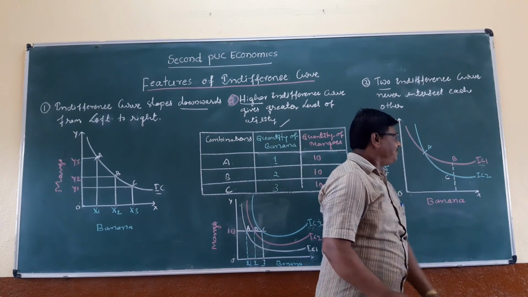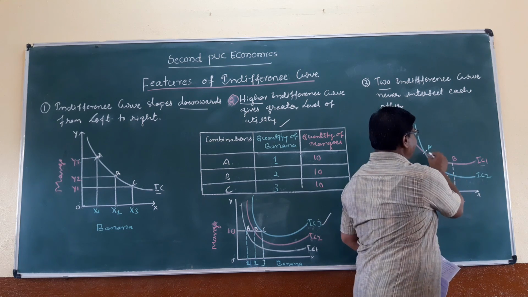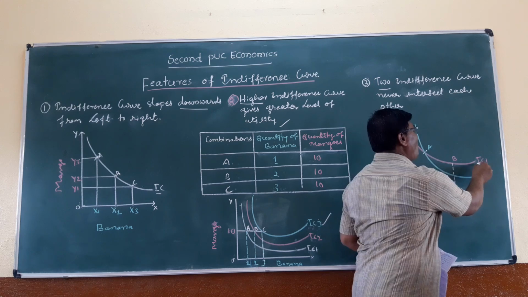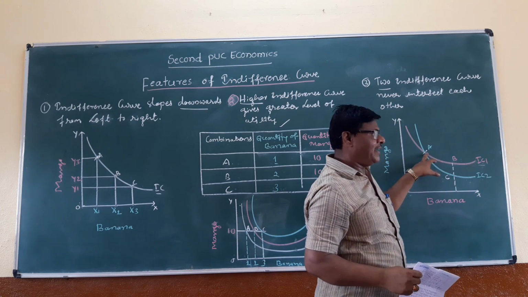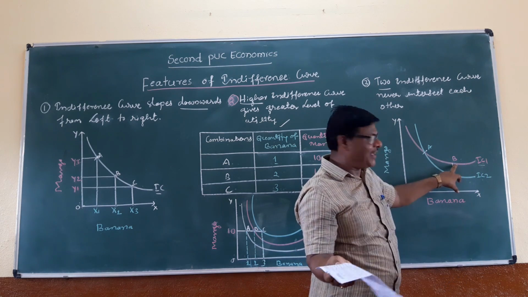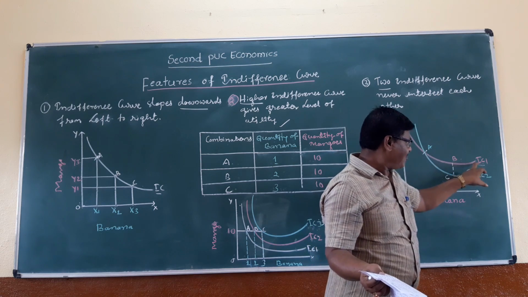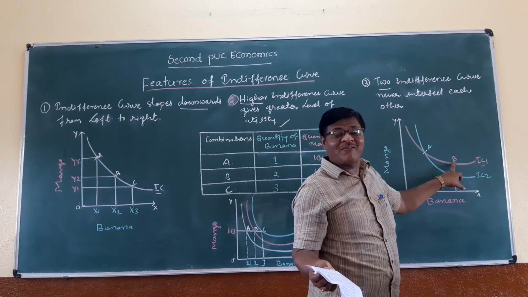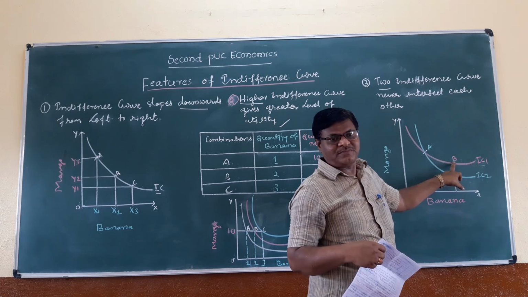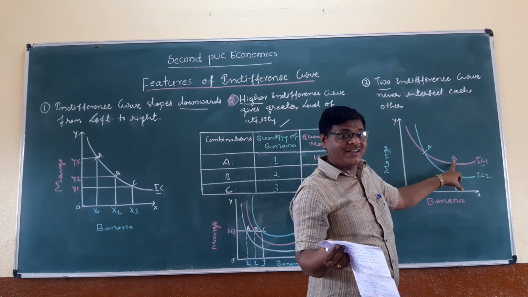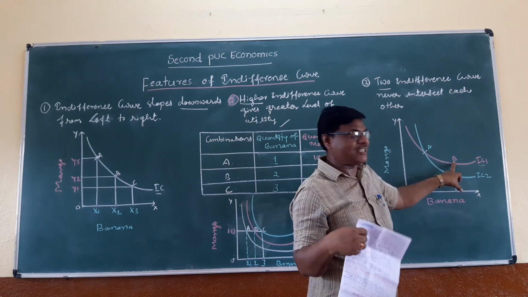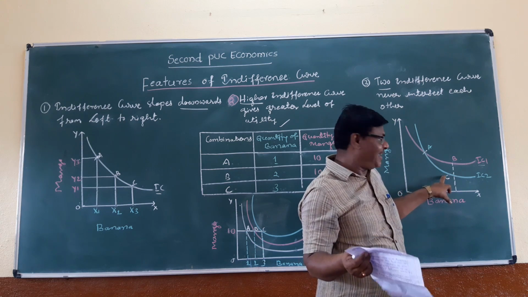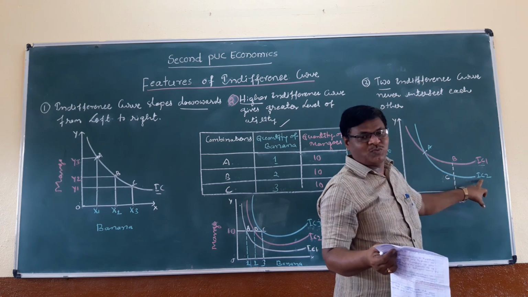In this diagram, A and B lie on IC1. A and B give the same level of satisfaction.